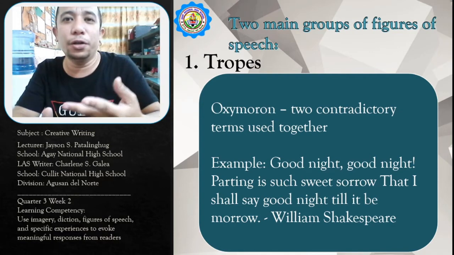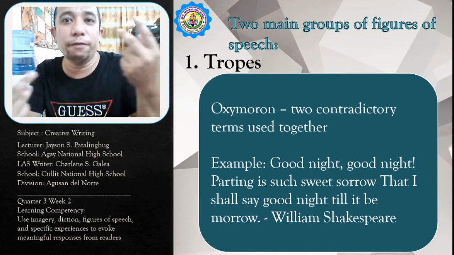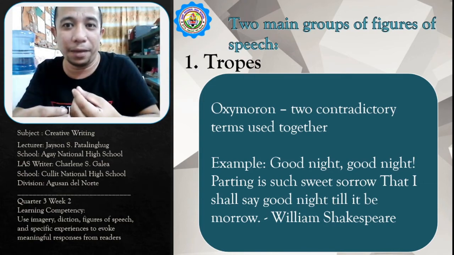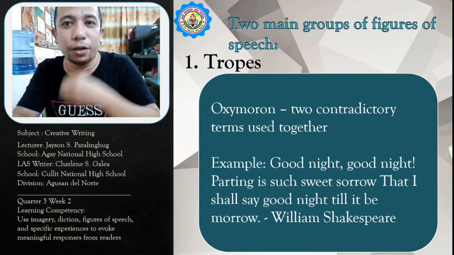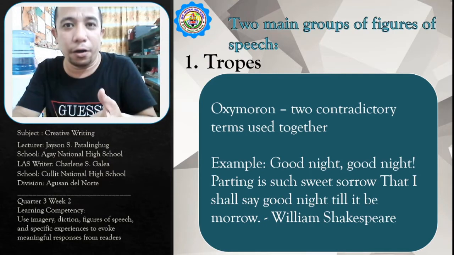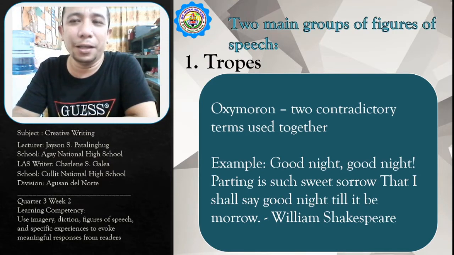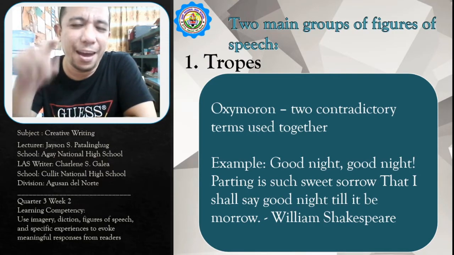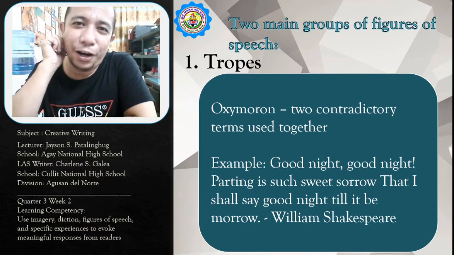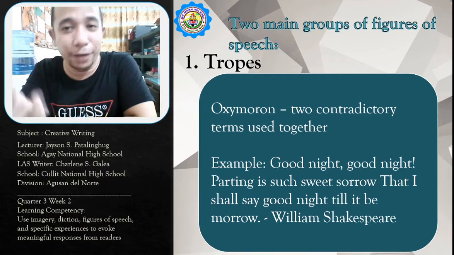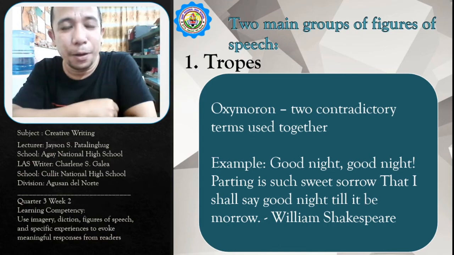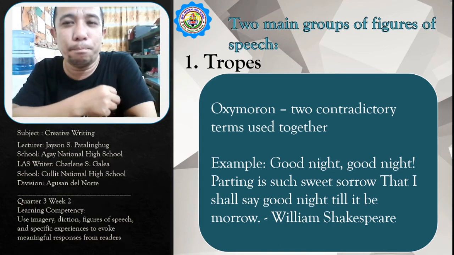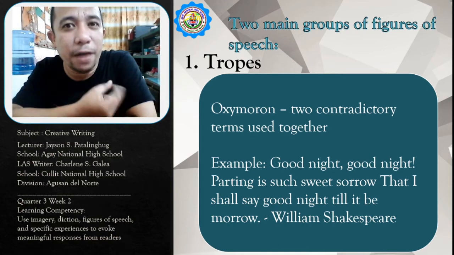So that's an oxymoron, when the two words that you use are conflicting to each other. Okay? Who can give me an example? Probably you can think about words that are conflicting. Just like perfect imperfection.